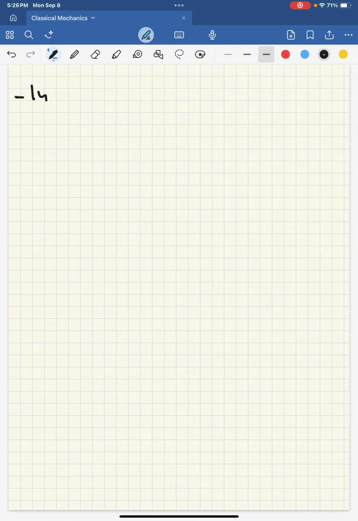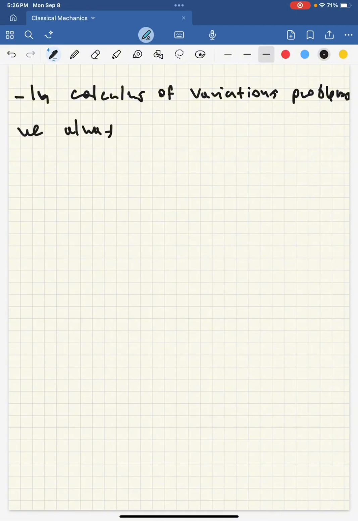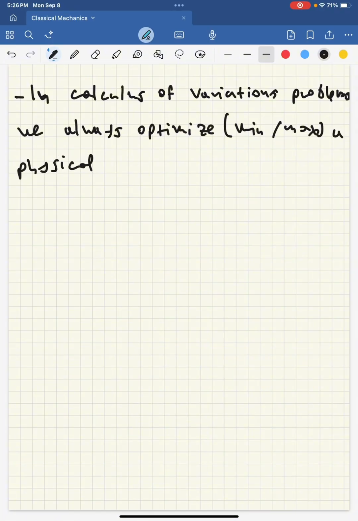Some general notes. In calculus of variations problems, we always optimize, meaning that we find the minimum or maximum of a quantity, actually a physical quantity is better.